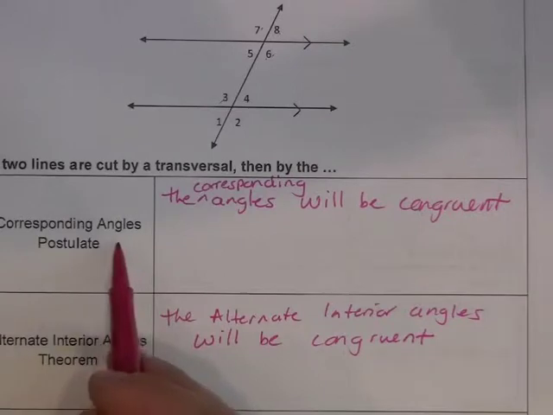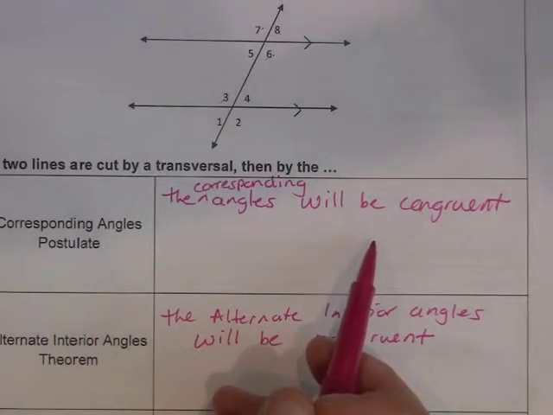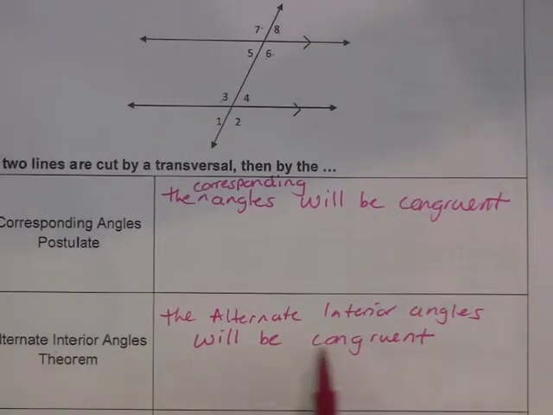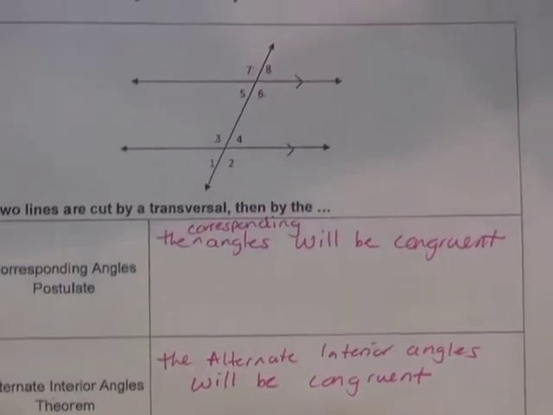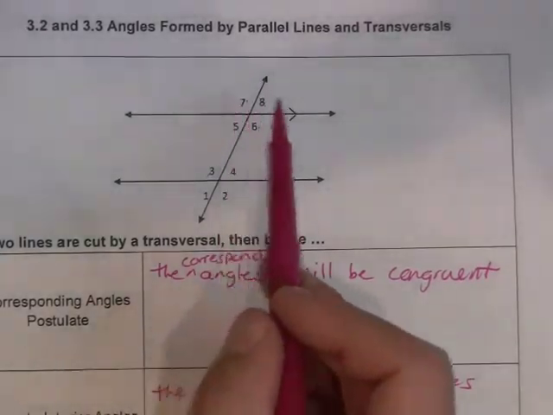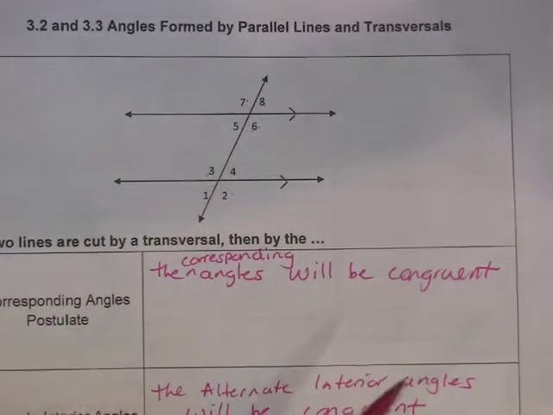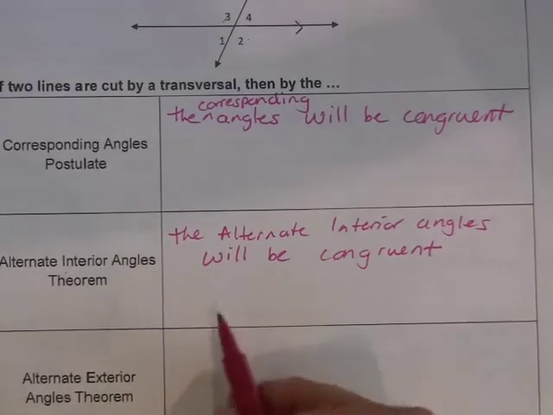So we've covered corresponding angles. They'll be congruent if the lines are parallel. Alternate interior angles, they'll be congruent if the lines are parallel. However, alternate exterior, these are 2 and 7 and 1 and 8. Those will also be congruent.